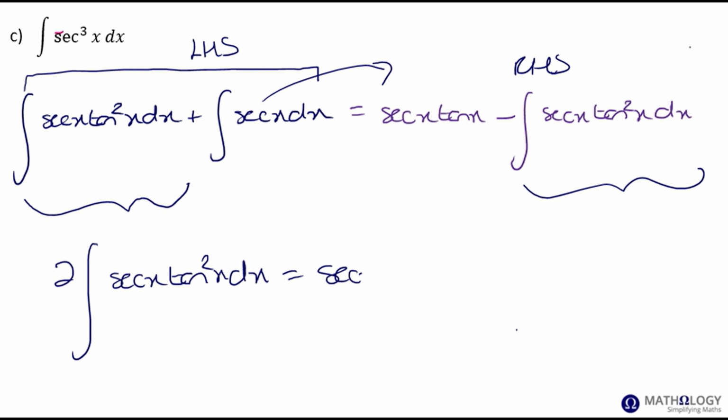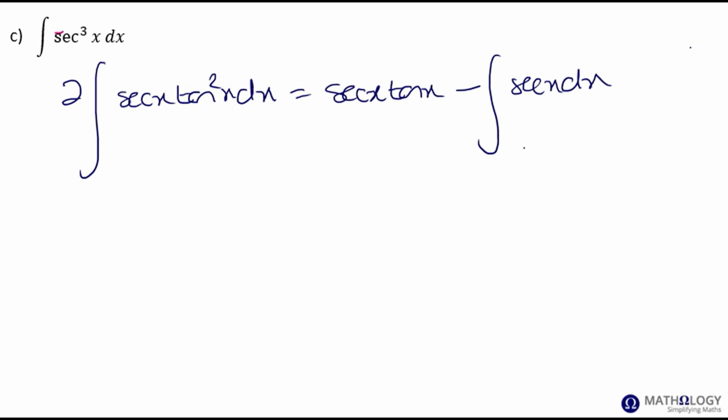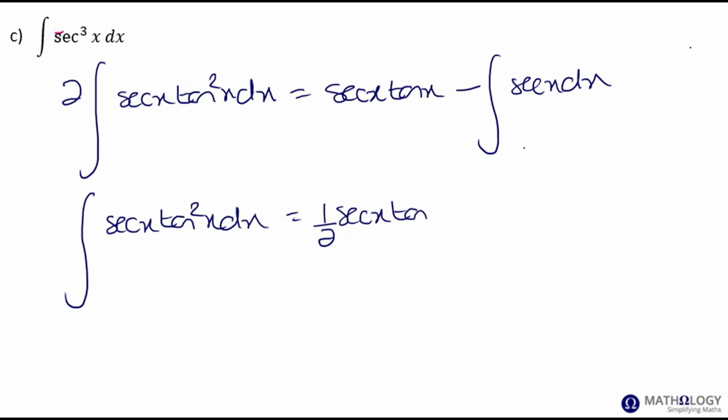So we're going to have sec x tan x minus the integral of sec x dx. Dividing through by 2 will give us the integral of sec x tan squared x dx equals a half sec x tan x minus a half the integral of sec x dx.